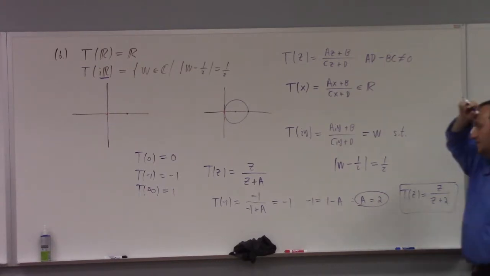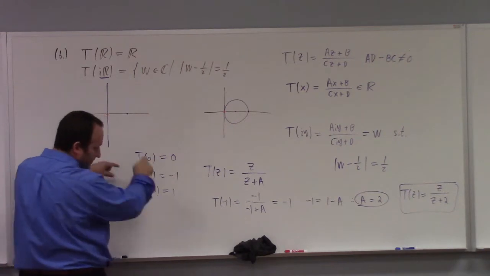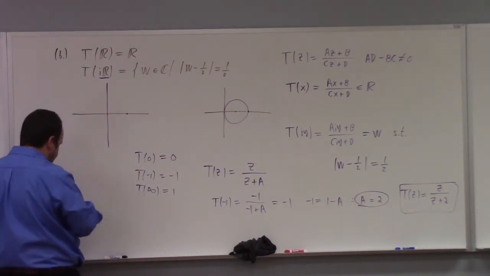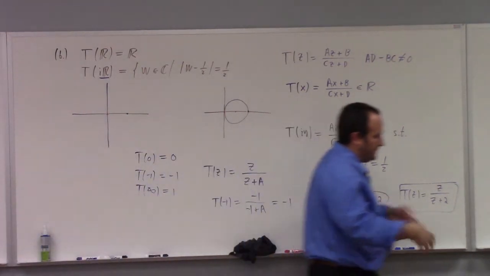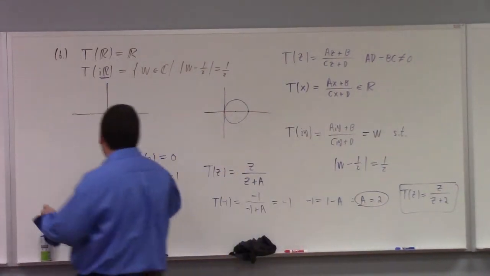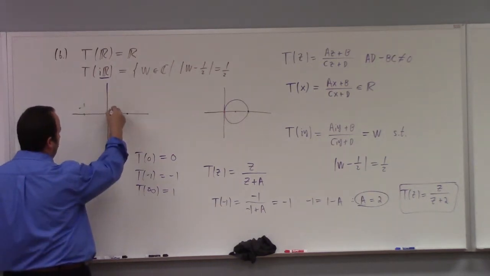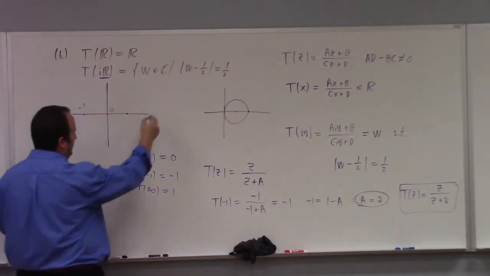Now, if I think about this, let me put these in order. In order, we have minus 1, 0, and let's say infinity over here.